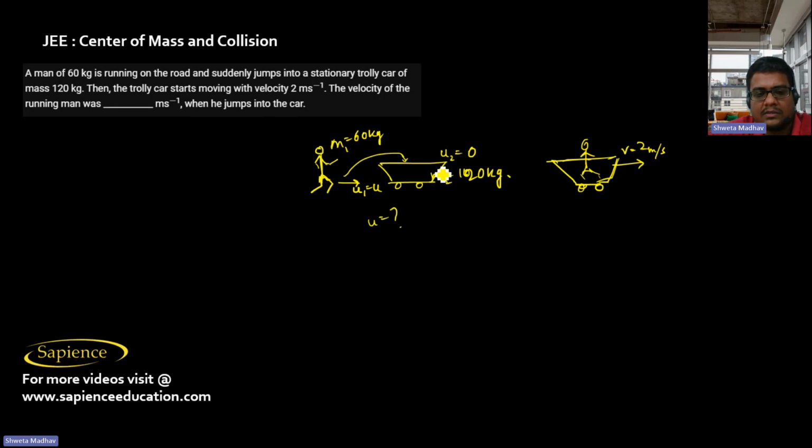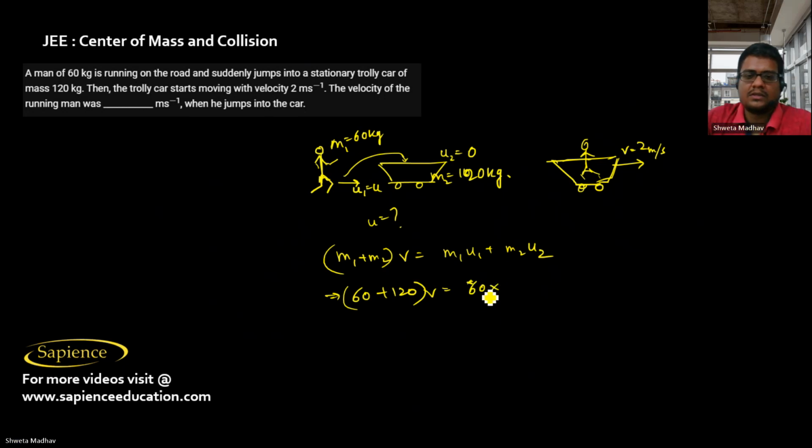So here we can apply conservation of momentum of the system. So (m1 plus m2) into v will be equal to m1 u1 plus m2 u2, since the final velocity of both the man and the car is v only. So m1 is 60, m2 is 120, into v, equal to m1, that is 60, into u1, that is u, plus m2, that is 120, into 0.